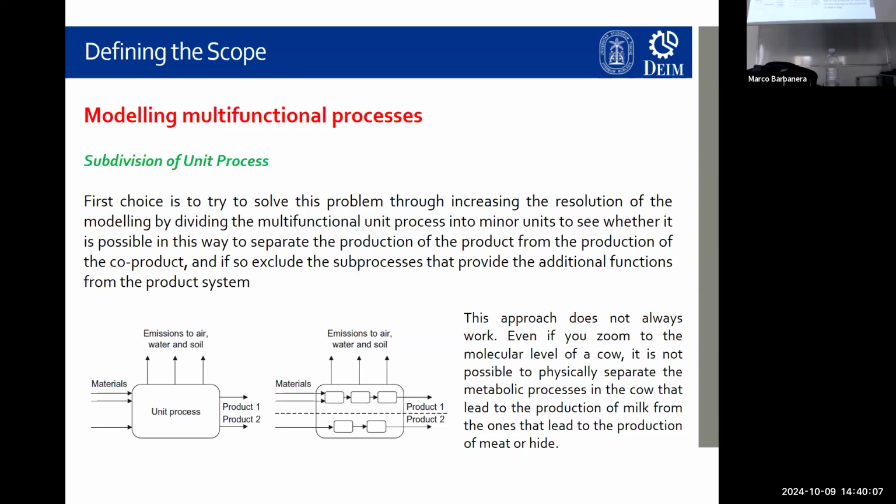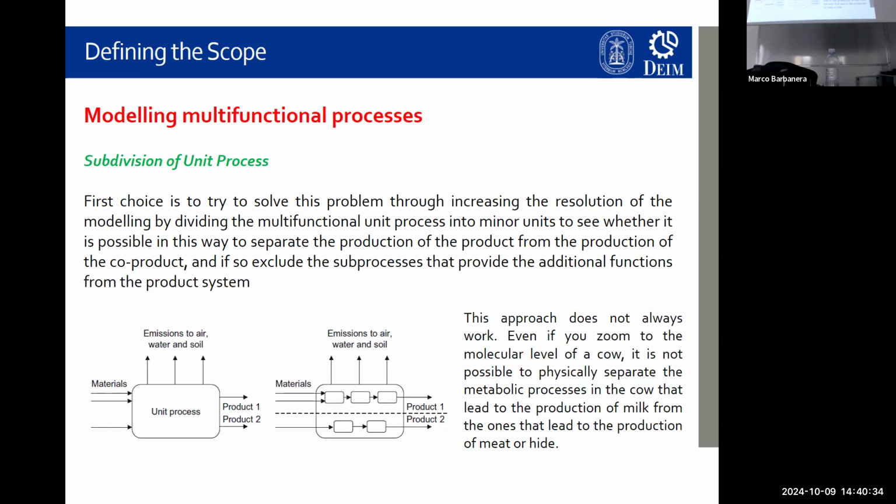I remind you that a multifunctional process is a process from which we have not only one product, but at least two different products, the main product and a byproduct.